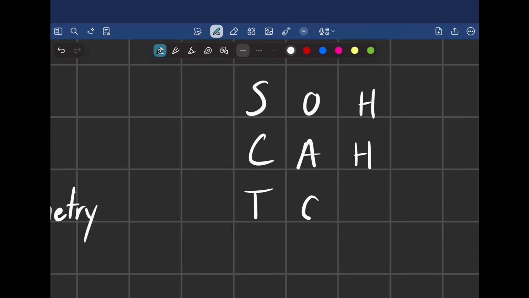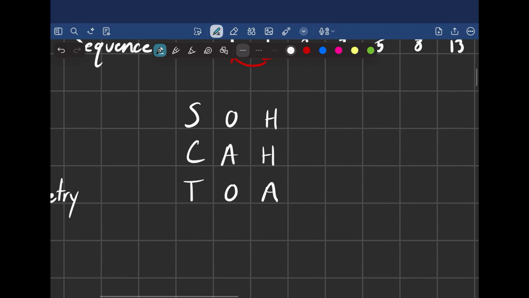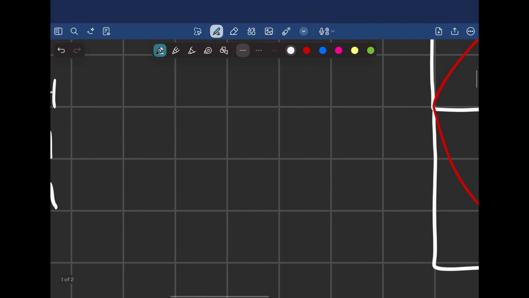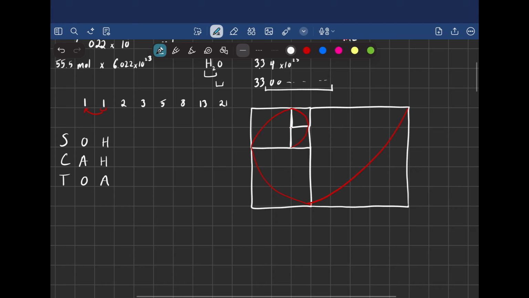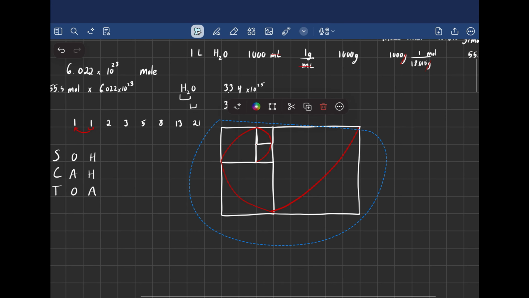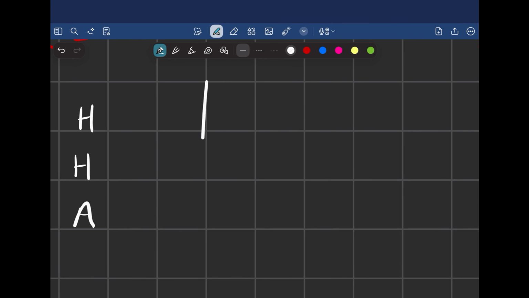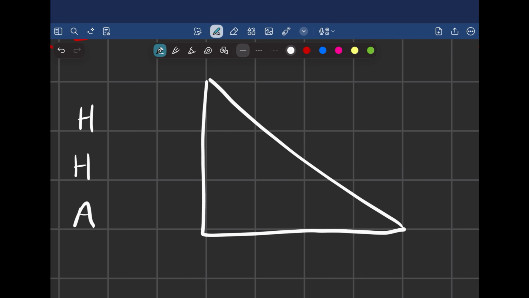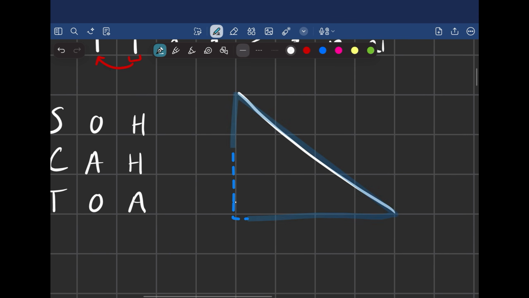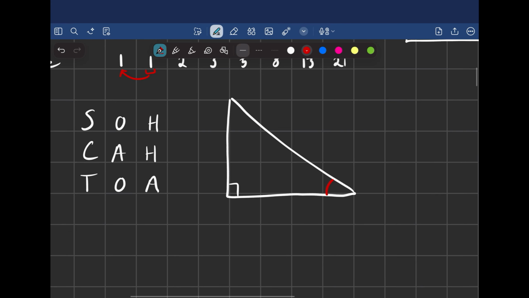And this relates that if you have a right triangle like this, we can actually get some values from there. So if we wanted to calculate this angle, what do we need? Well, let me call these lengths A, B, and C.